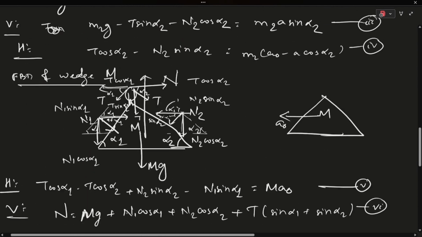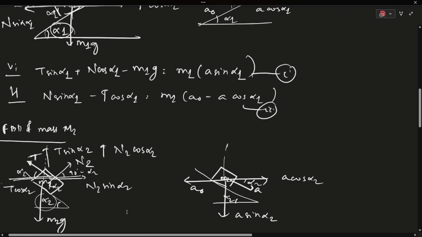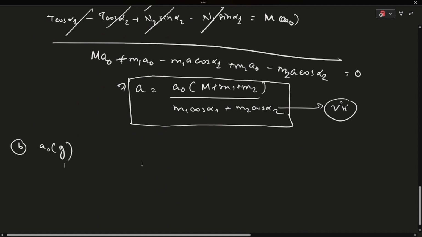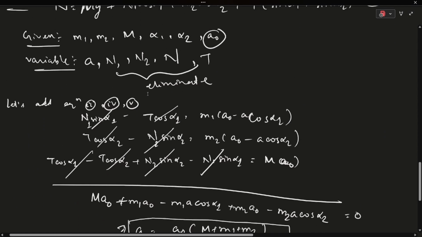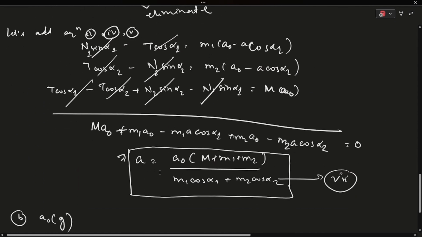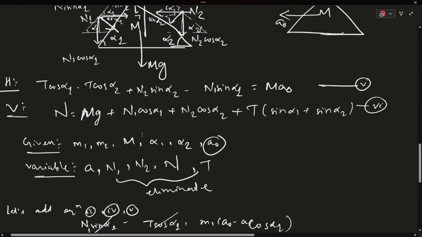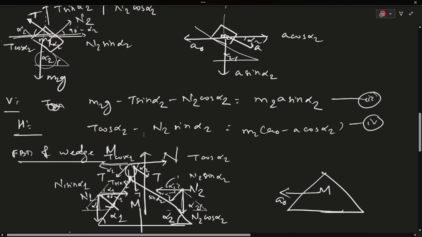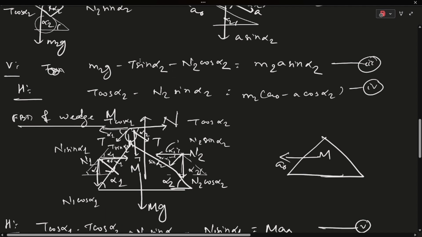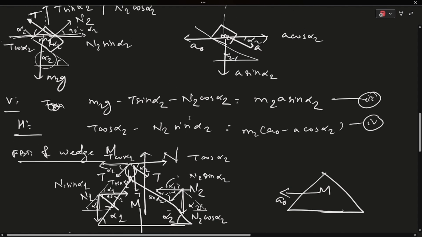So how can we find it? We have an expression for a in terms of a naught. If we find another expression for a in terms of a naught, then we can eliminate a and find a naught. So I will use the tension here, because the tension in m1 and m2 is the same.